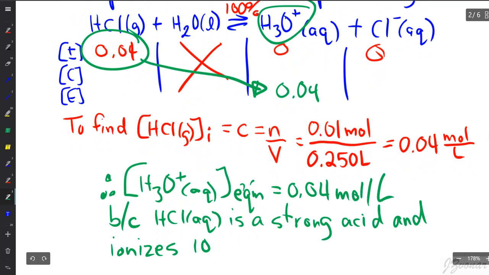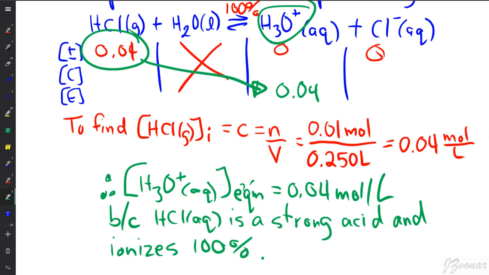So in essence, you don't actually have to do a full ice table here. You would, as long as you have the understanding that because it's a strong acid, if I know the initial concentration of the acid, which is given in the question, it will represent the amount of hydrogen ions at equilibrium because of the 100% ionization.